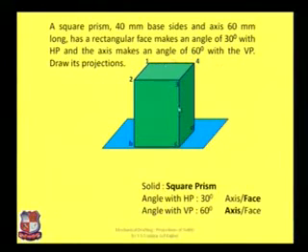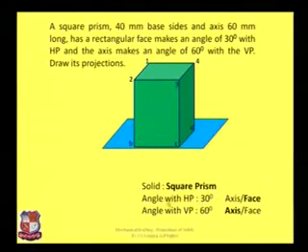In such kinds of problems, the first step is to identify the solid. Here a square prism is the solid and dimensions are given. The side lengths 1, 2, 2, 3, 3, 4 and 4, 1 are 40 mm and its height, that is B2, 2 and C2, 3, is given as 60 mm.